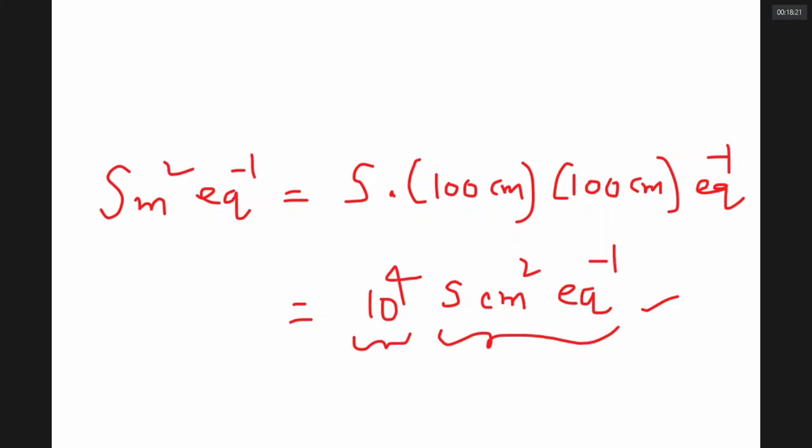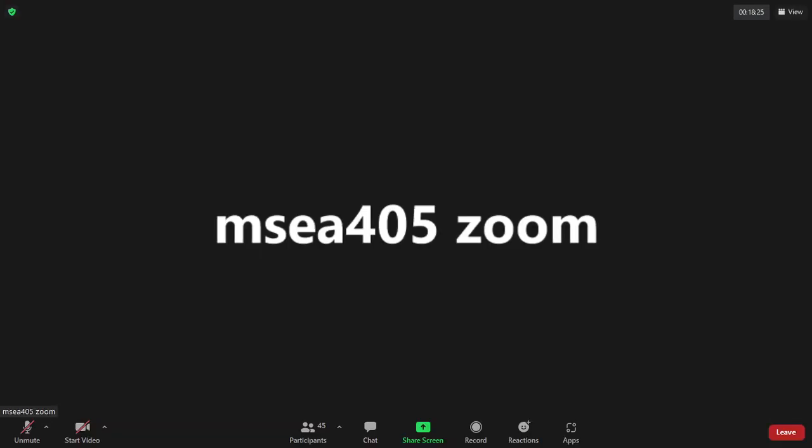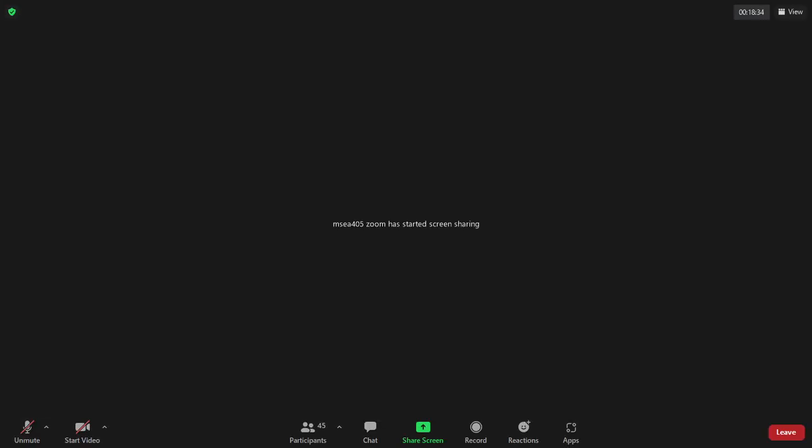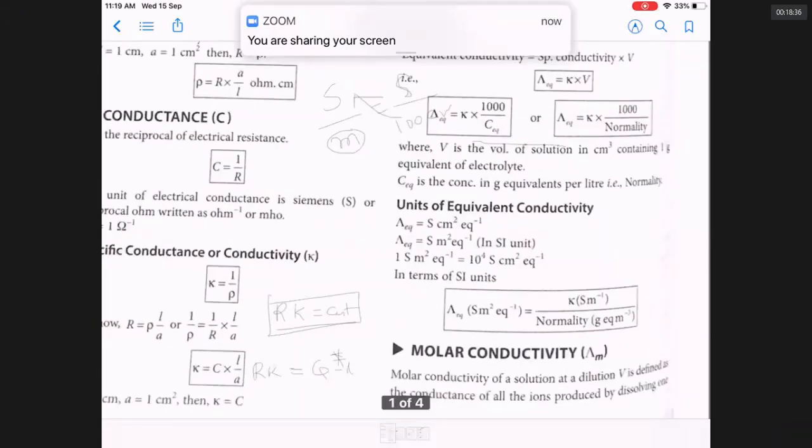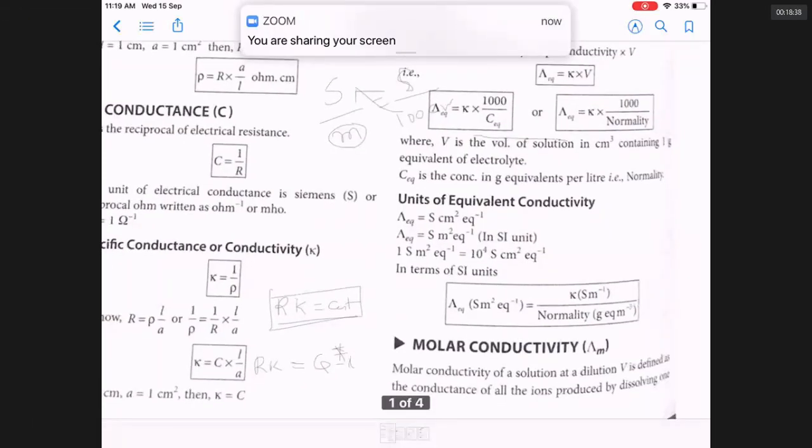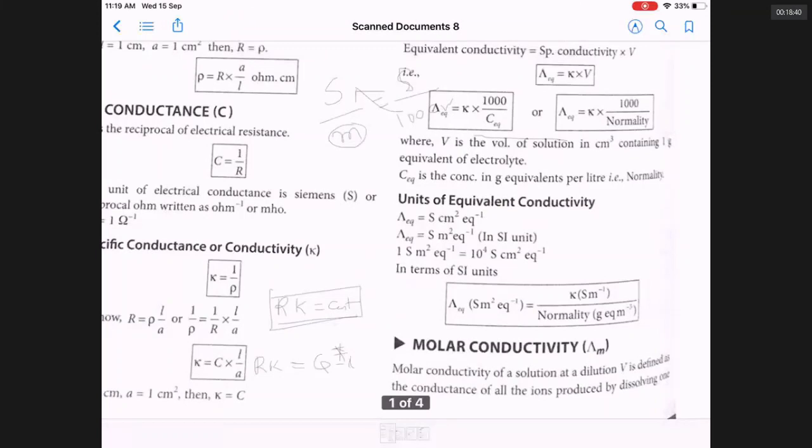This is needed. Otherwise, you can't take your data as it is. This is the material I have sent; you have to see that. So this is the clarity on that. What are the units of specific conductance? Siemens per meter or Siemens per centimeter. How are they related? Siemens per meter into 100 is equal to Siemens per centimeter.